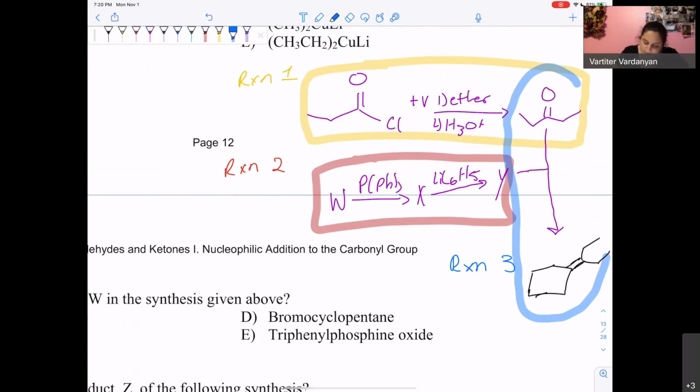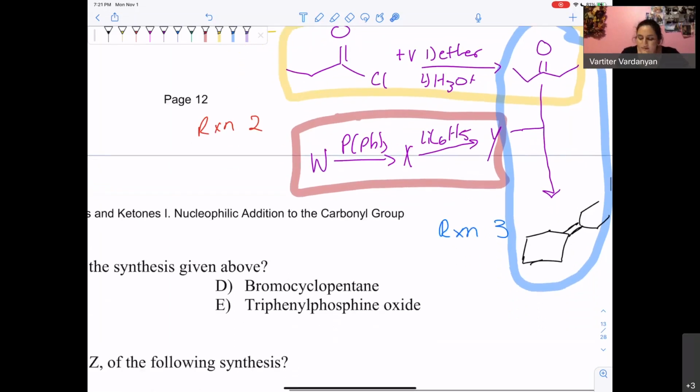Okay, so this would be reaction 3. And for this one, he's asking you to go backwards essentially and give him W. So what we're going to do is we know that the Wittig reaction is between a ketone and the Wittig reagent. So we know that whatever is here was the Wittig reagent because that plus this make that.